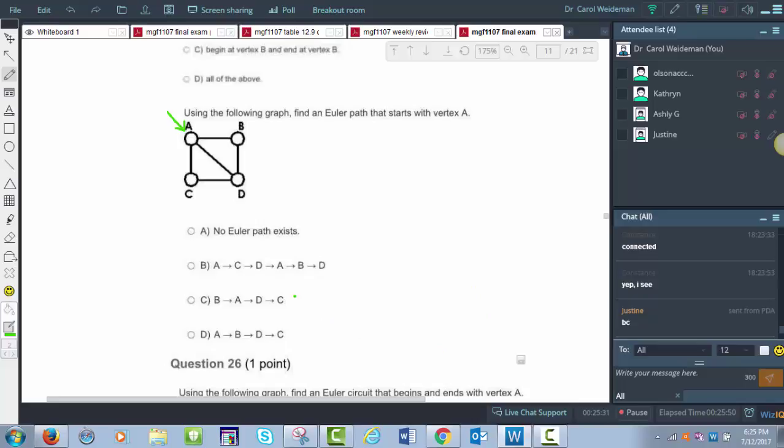Let's try the first one listed here: A to C to D to A to B to D. Euler path goes through every edge. How about these? Well, this one doesn't even start at A, so we could get rid of that one. Here's your process of elimination again. This is not even the right kind of answer. And then this one is A, B, D, C. Okay, that doesn't hit all the edges. So the correct answer on this one is B.